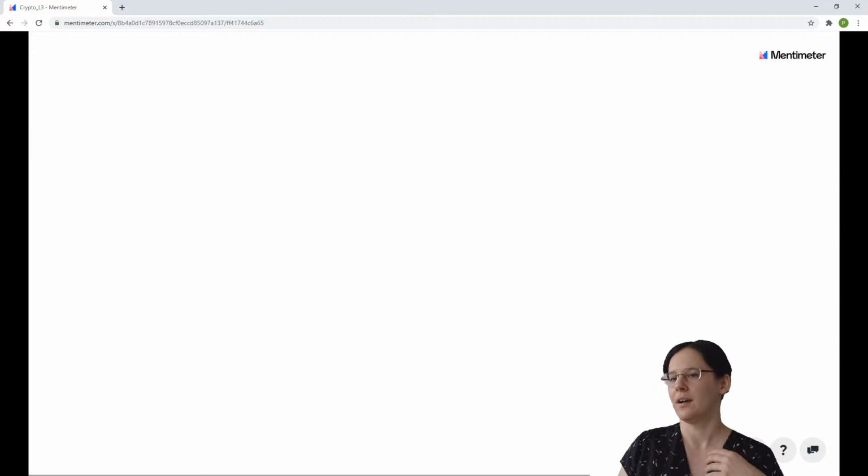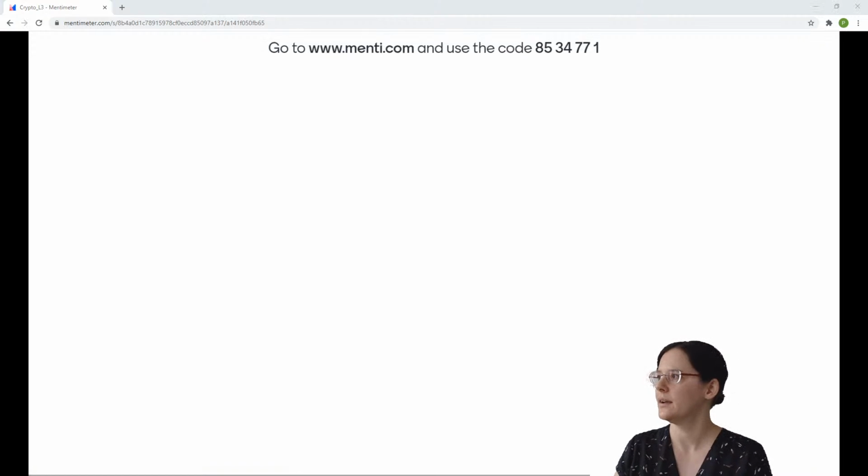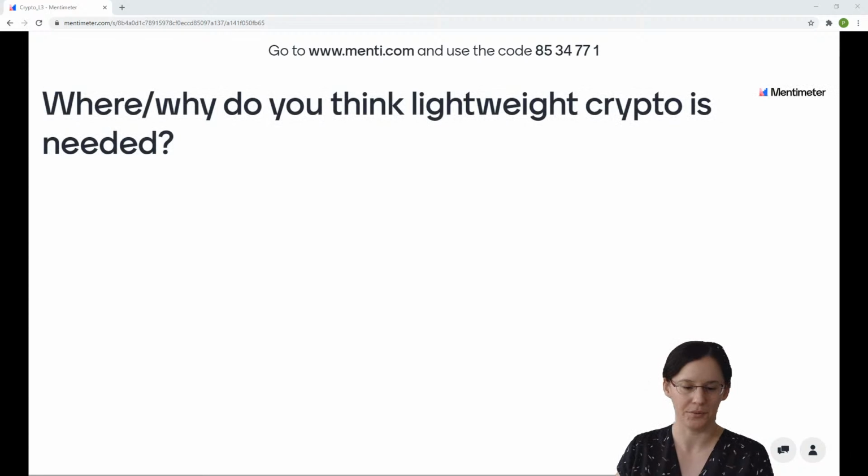So which scenarios or applications can you come up with where you think lightweight crypto might be useful? Maybe you can also think of specific limitations that I already hinted at on the previous slide that could be relevant in the context of lightweight crypto.